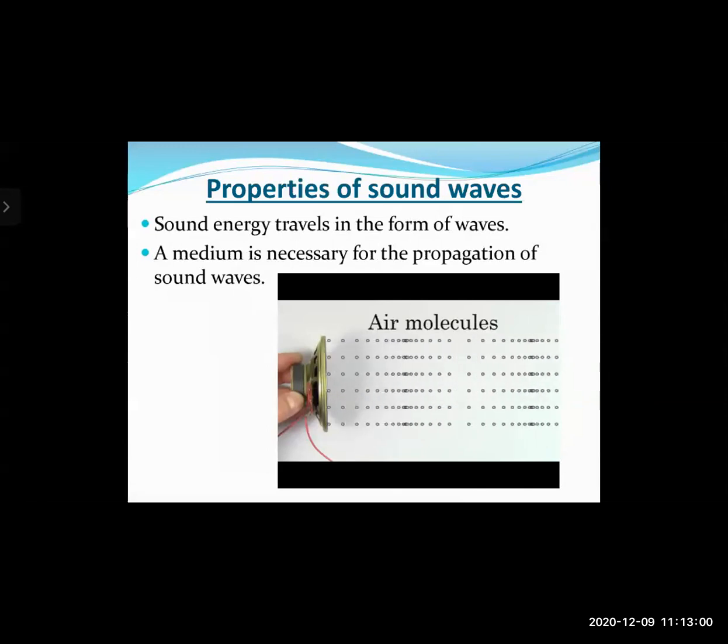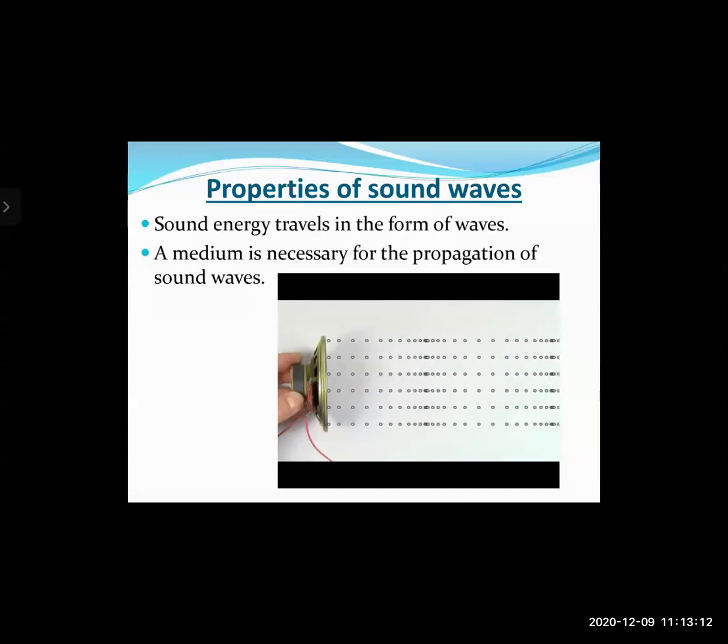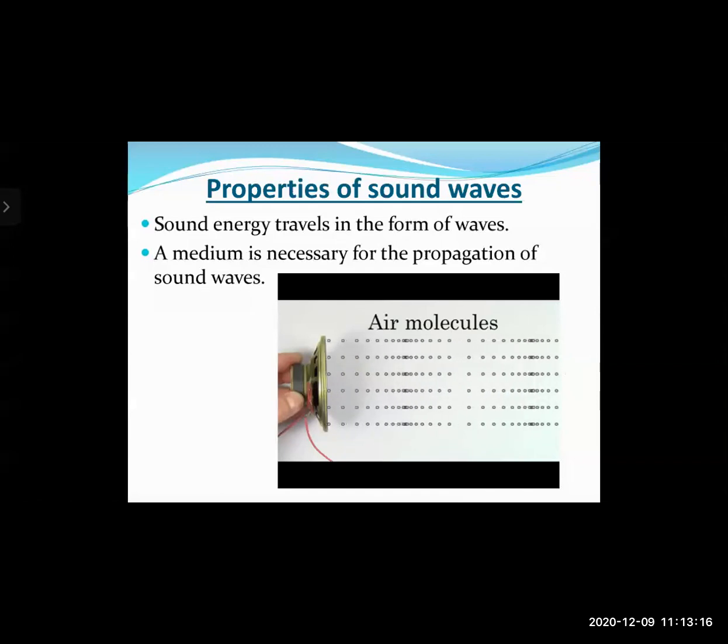The regions of high pressure and low pressure alternately start moving away from the speaker. A source of sound produces vibrations, which travel through the air and reach our ears, where they generate the sensation of hearing, which is perceived by our brain.